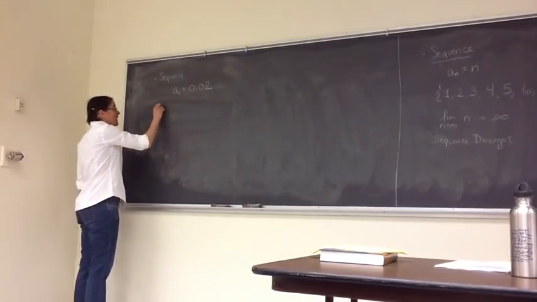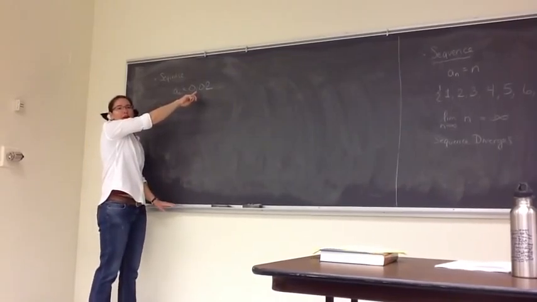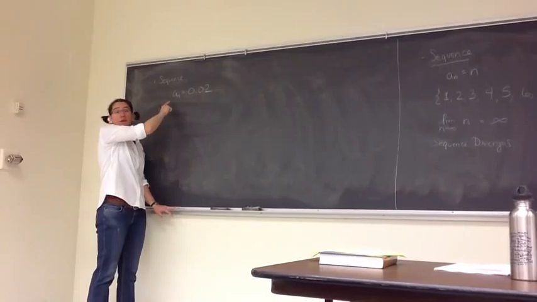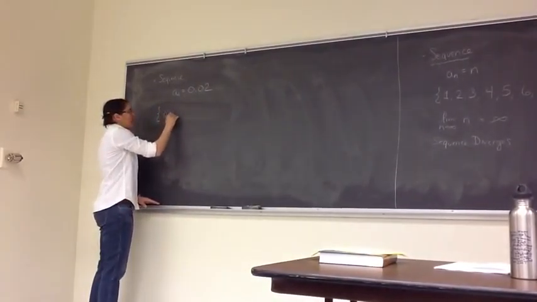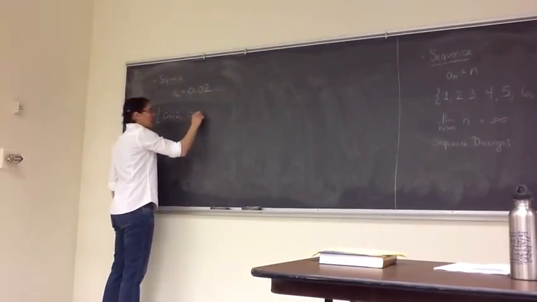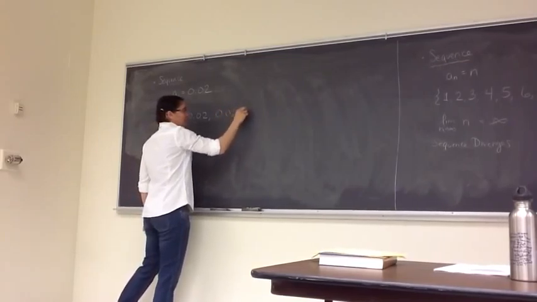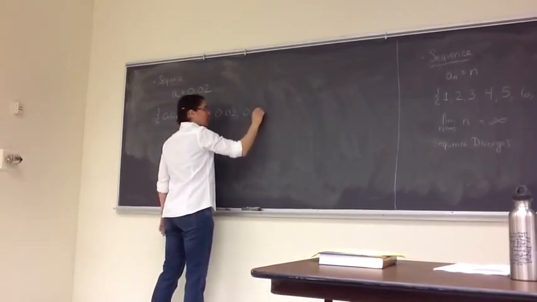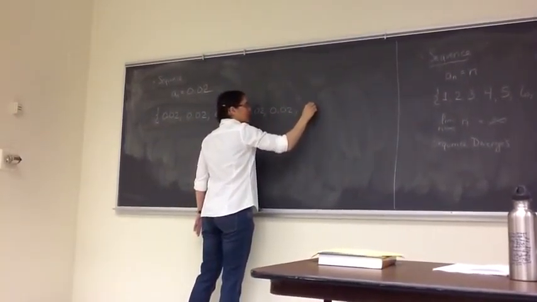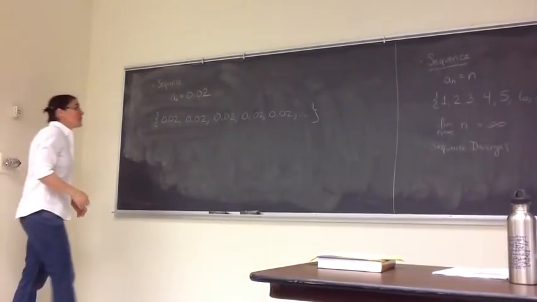If I write down my list, notice that my formula for my sequence has absolutely nothing to do with the letter n, which means that when n is equal to 1, my value is 0.02. When n equals 2, my value is 0.02. When n equals 3, I have 0.02. So every single term in my sequence is 0.02. It's a pretty boring sequence. It's a constant sequence. So this is my sequence.